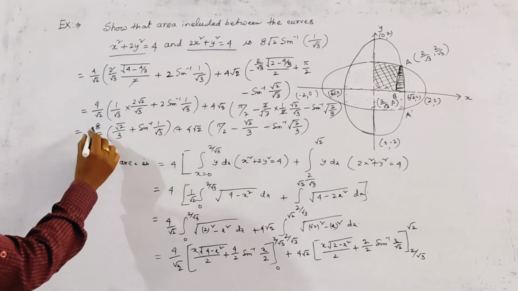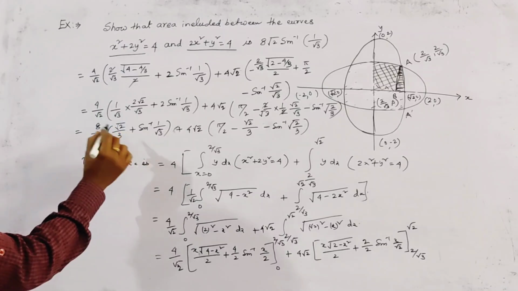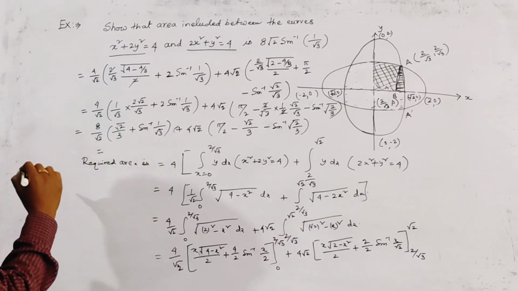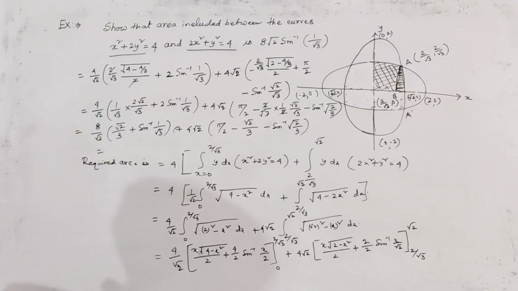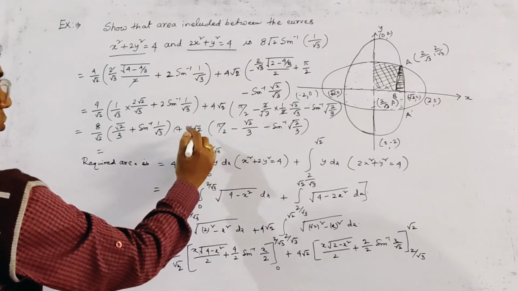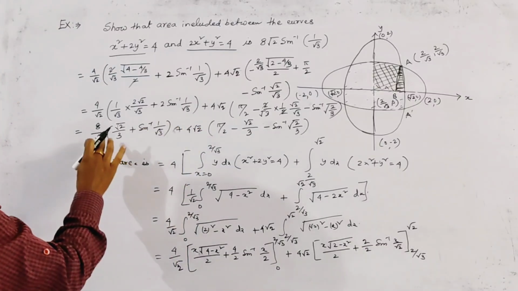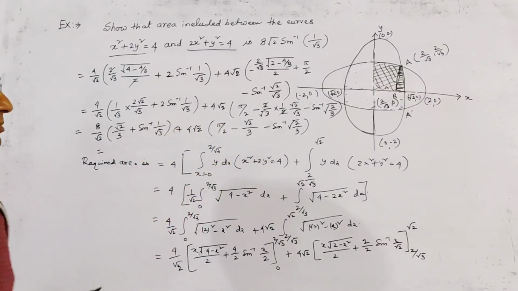Now if we multiply 8 by root 2 into root 2 by 3, this gives 8 root 2 by 3 into root 2, so this gives 8 by 3, and also from here we get 4 root 2 into root 2 by 3, this is also 8 by 3, so this is plus 8 by 3 and this is minus 8 by 3, so both the values are cancelled out.